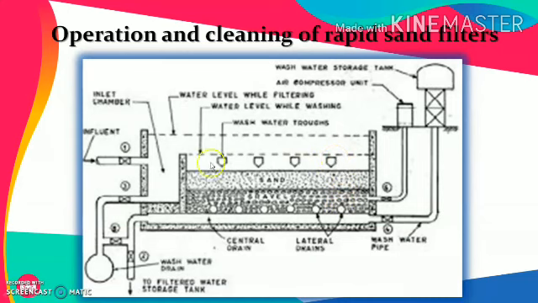These wash water troughs will convey this particular wastewater or the dirty water away. In some cases, this water is allowed to overflow and is conveyed to the wash water drain as shown here.